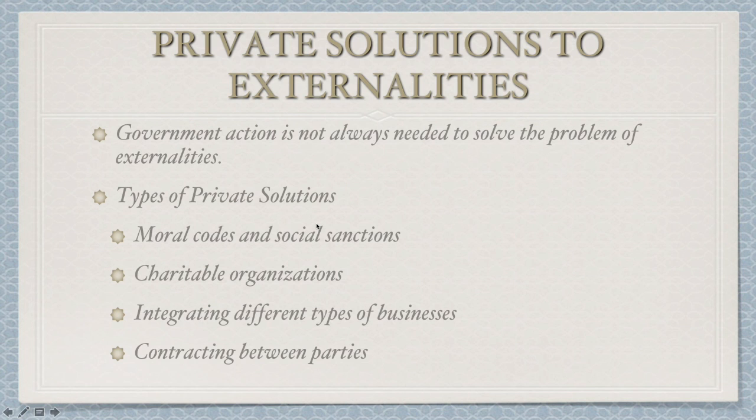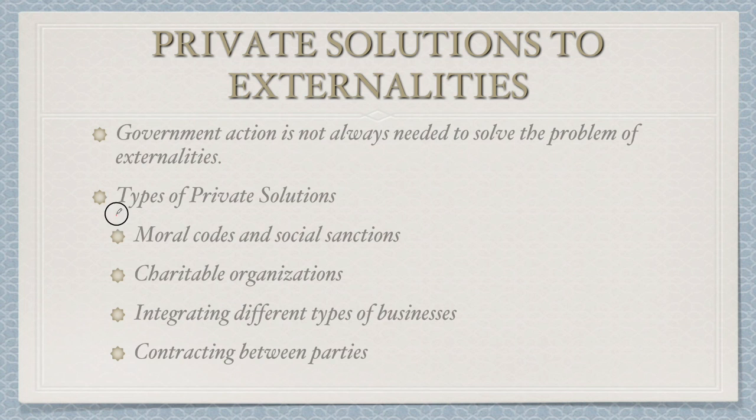Now, when it comes to negative externalities, public solutions, government solutions aren't actually generally the most effective or always the most effective. There are lots of different private ways where people can actually solve the problems of negative externalities. So different types of private solutions to public problems.